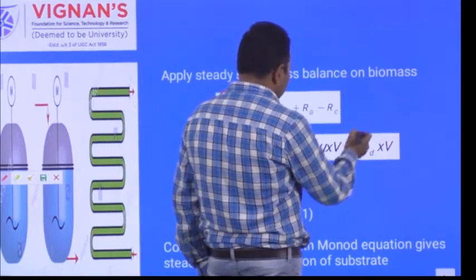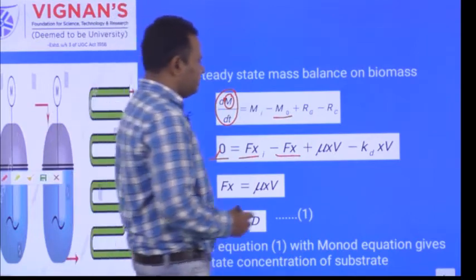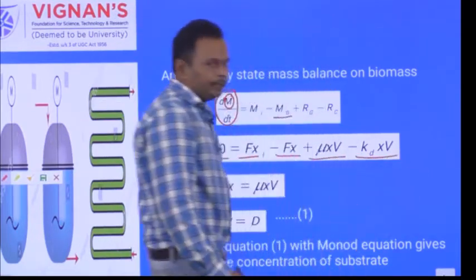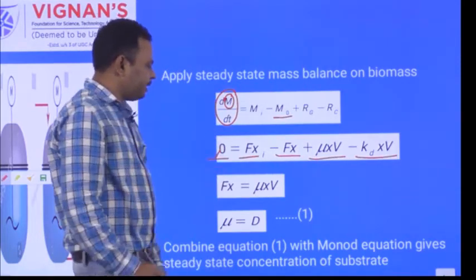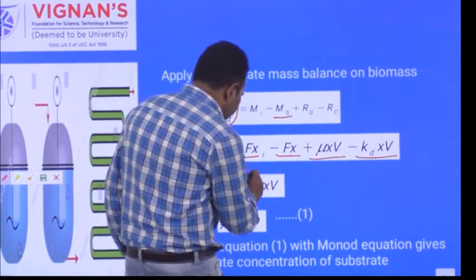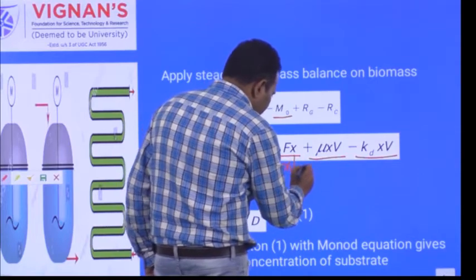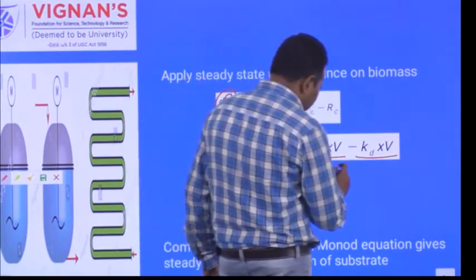Again, generation and consumption terms are similar to the batch fermenter and fed batch fermenter. Generation of the cells is mu xv and the consumption of the cells is kd into x into v. From this, the accumulation term is 0, and we take a sterile feed, so Xi becomes 0. When you take the sterile feed, you sterilize the feed, and all the cells within the feed die.